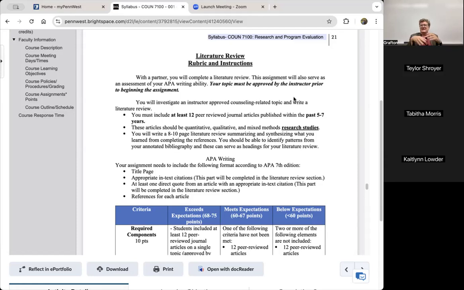So that's kind of an outline of the different types of research you should include, the different types of articles that you should be looking for, the different parts of the lit review that you're going to be writing. So try to have a fairly comprehensive reference list.